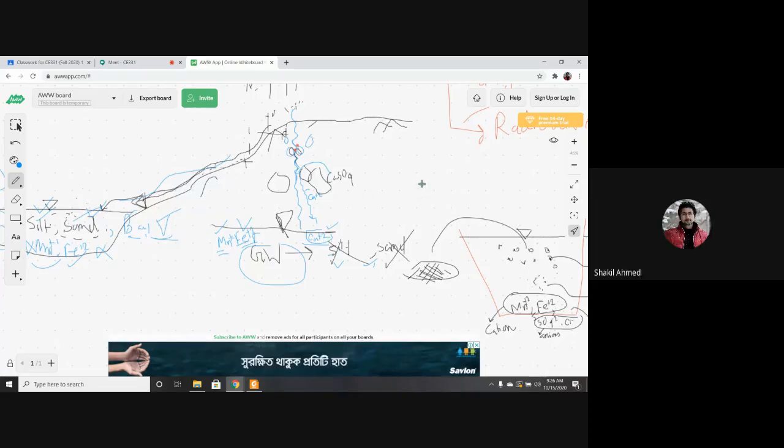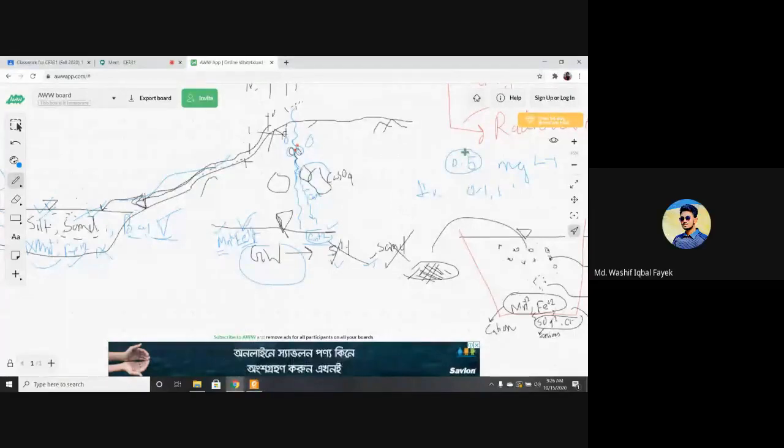For example, for iron, your limit is, I tell you, 0.5 milligram per liter. As long as you have 0.1, 0.3, 0.4, it's okay. But when it's 1 milligram per liter, then it's a problem. Okay?